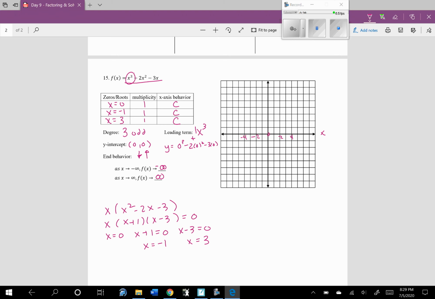And so we have 0, -1, and 3. And my end behavior means that this end goes up, this end's going down, and for each of them we are crossing through. So this crosses through and this crosses through. So this is just a sketch of what your graph would look like. And that's it.